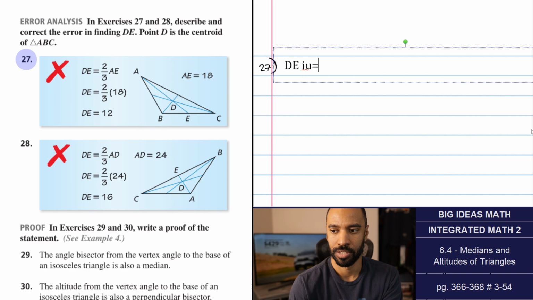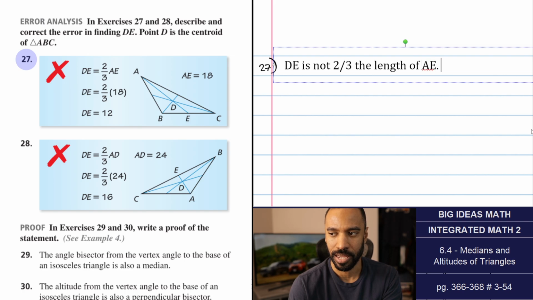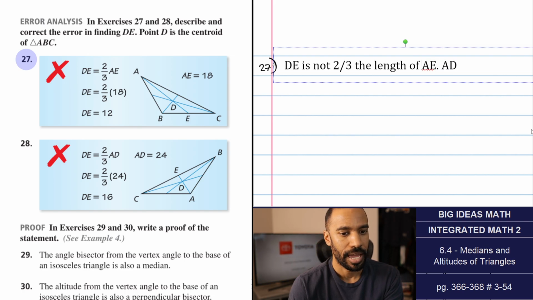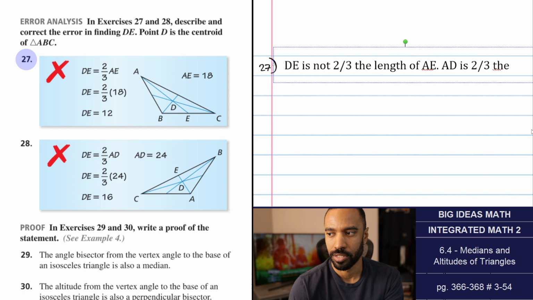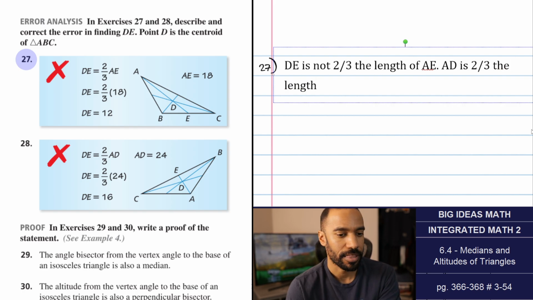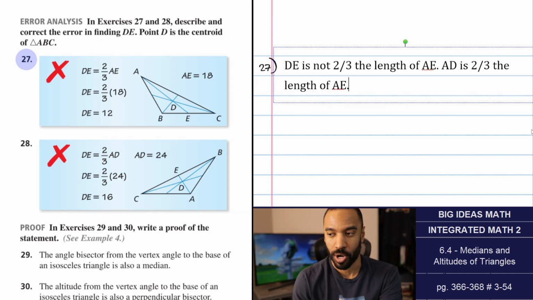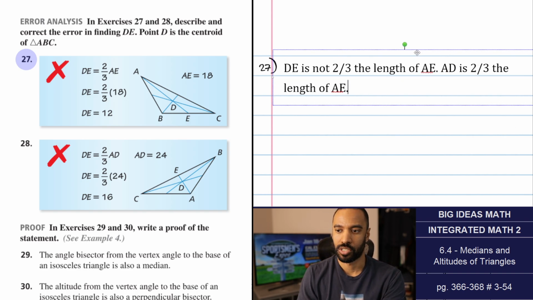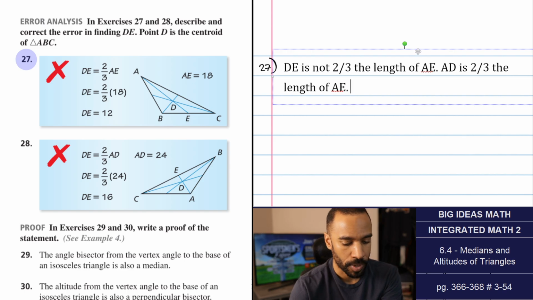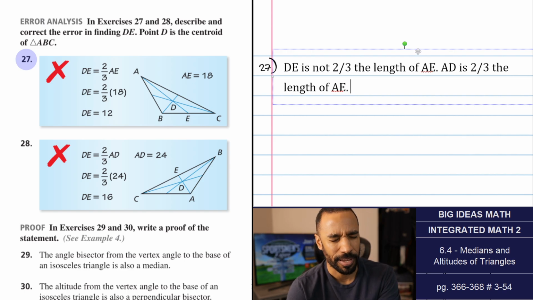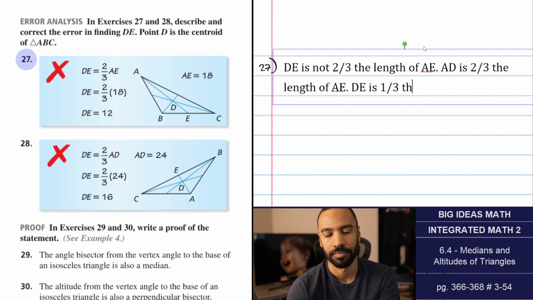DE is, I'll actually say what is 2/3. Not 2/3 the length of AE. AD is 2/3 the length of DE. So you can either find the 2/3 length and use the 12, and then subtract it from 18, or say DE is half of AD or 1/3 of AE. So DE is 1/3.